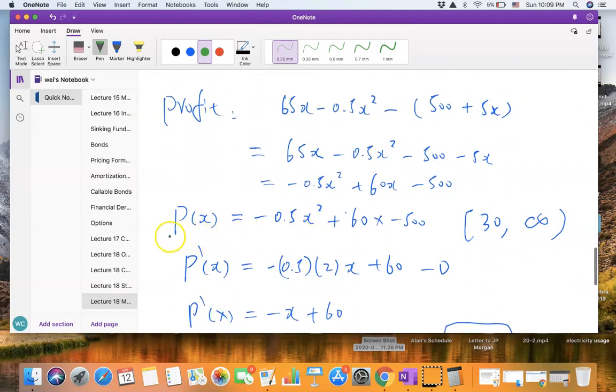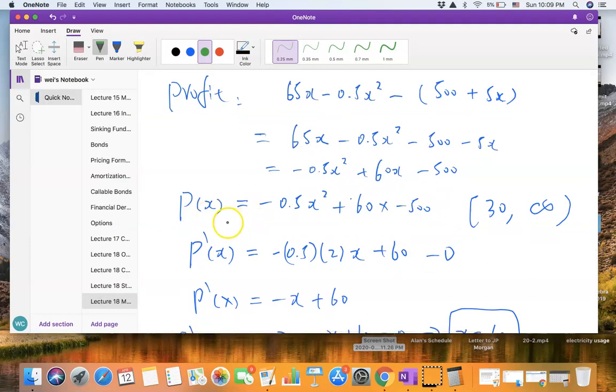Because the profit function is this, when x equals 60, the maximum profit is negative 0.5 times 60 squared plus 60 times 60 minus 500, which is negative 0.5 times 3,600 plus 3,600 minus 500.